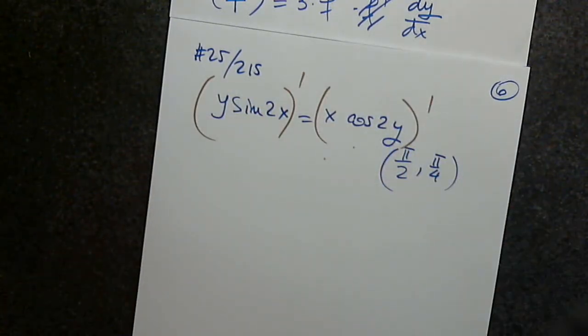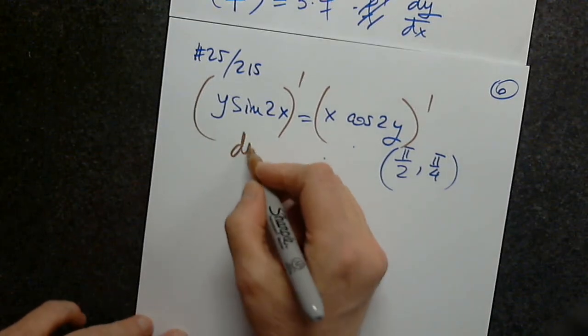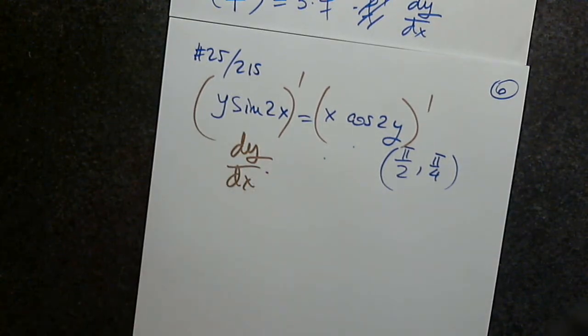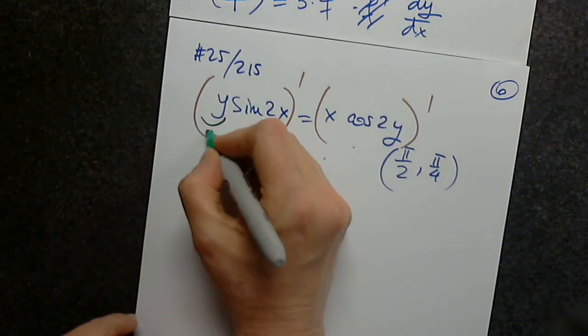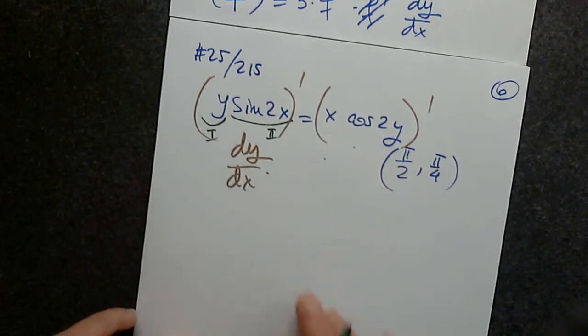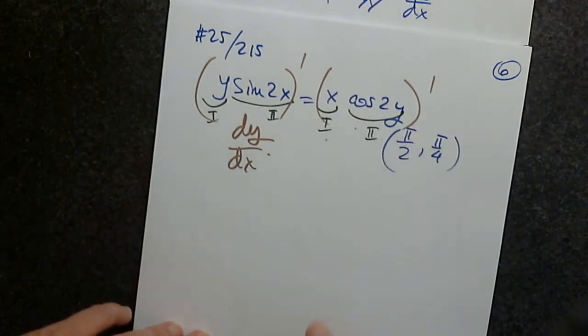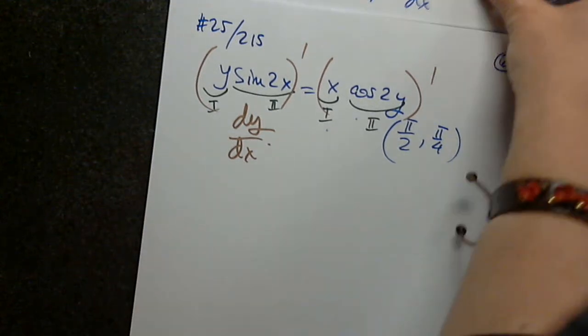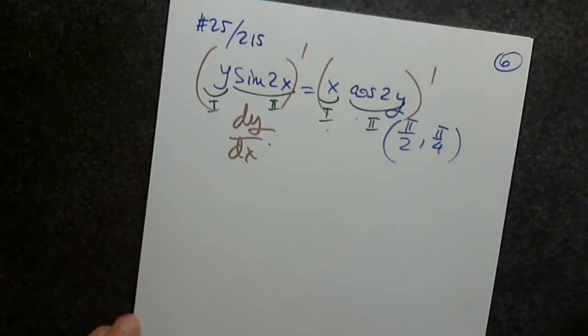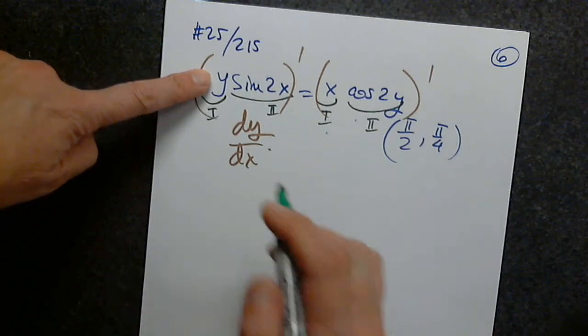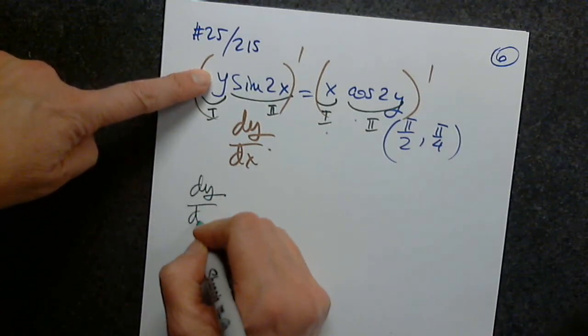So since we are asked to find dy over dx, this clearly tells us not to treat y in any other way but as a function. Okay, so now, when I differentiate the left-hand side, I have to use the product rule. When I differentiate the right-hand side, I have to use the product rule. When I differentiate y, I get dy over dx. It's a function.